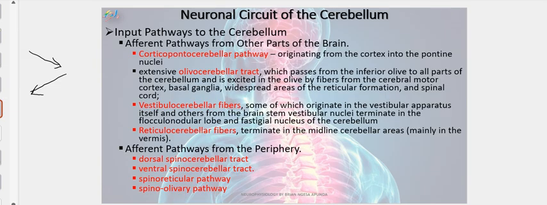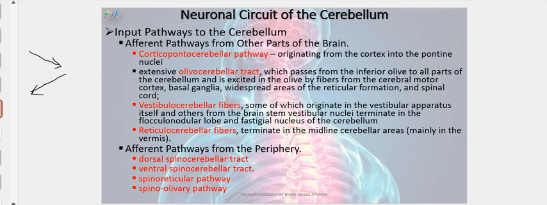So all these pathways, that means information that gets to the cerebellum, originates from the cerebral cortex, and we know where that will end, in the dentate nuclei, majorly focusing on the lateral zone of the cerebellum.